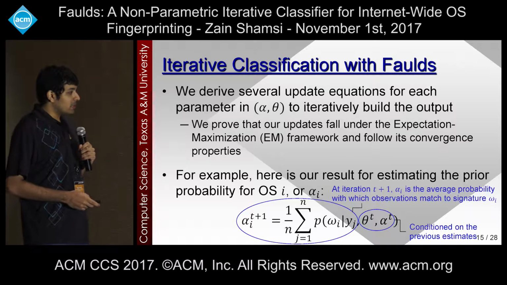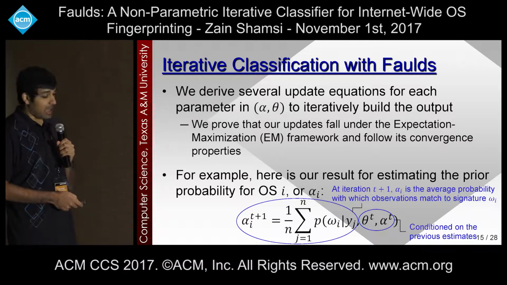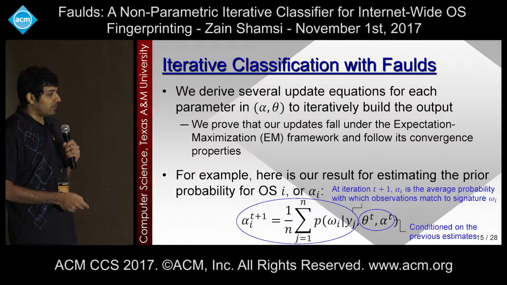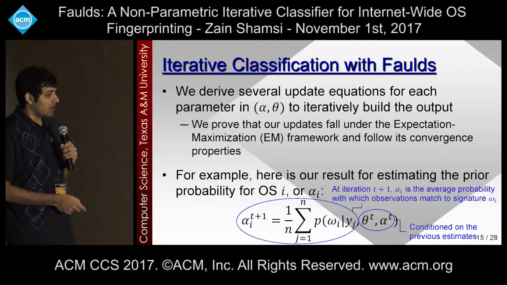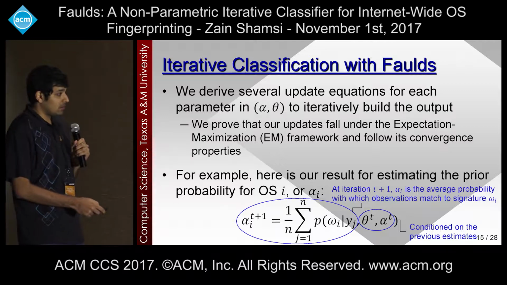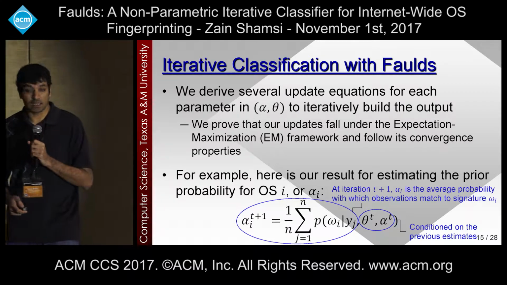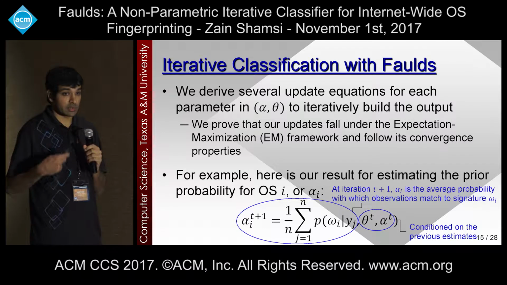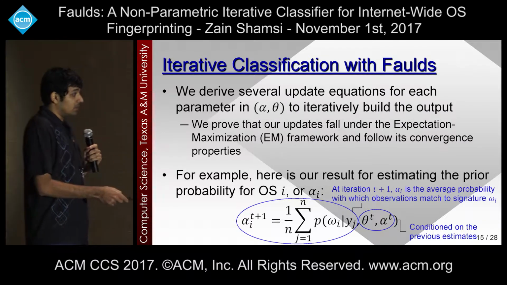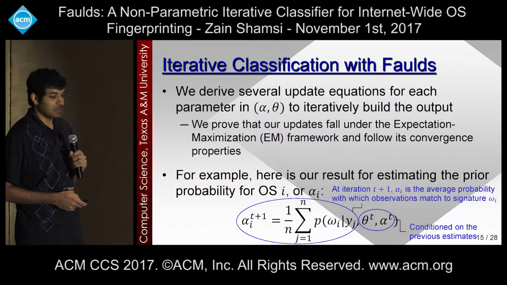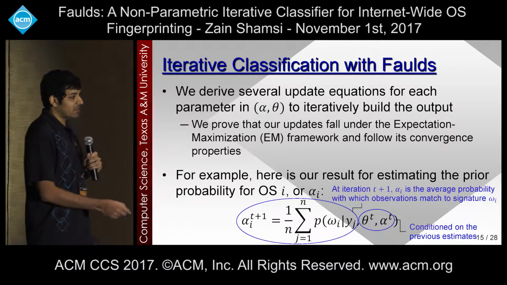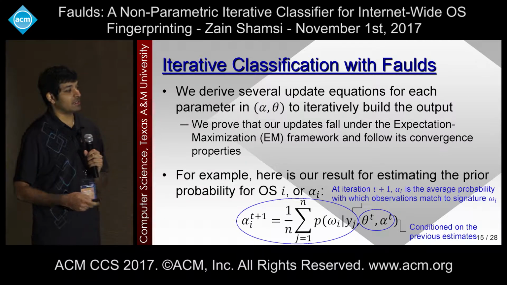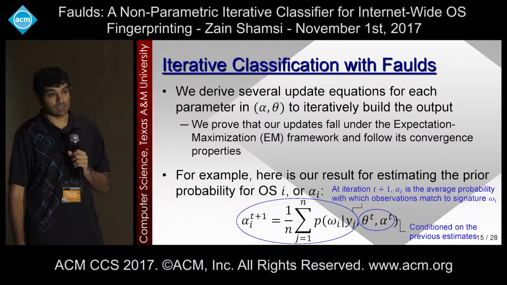The way to read this is alpha at iteration t plus 1 is the average probability of all observations matching to OS omega i. And we expand out this probability in closed form for the Herschel Plus classifier. So this is not as trivial as it seems. And of course, this is conditioned on previous estimates of theta and alpha.